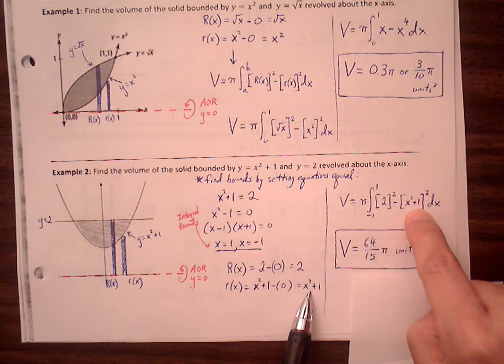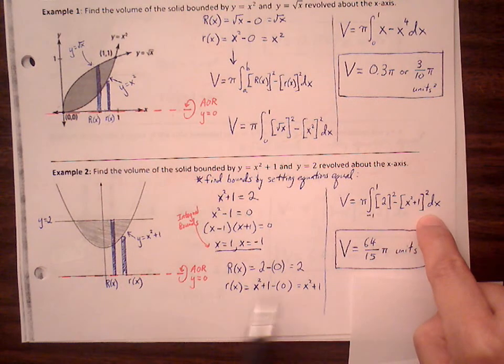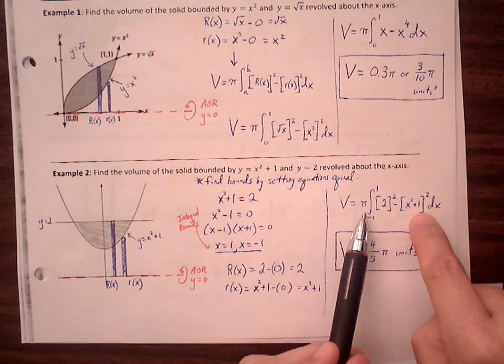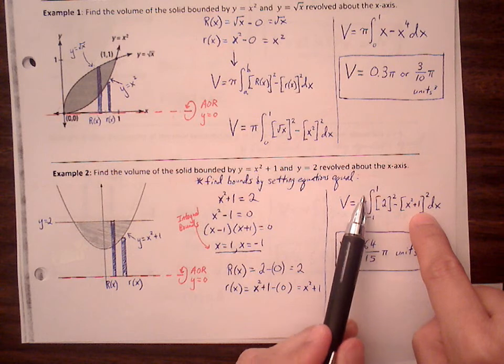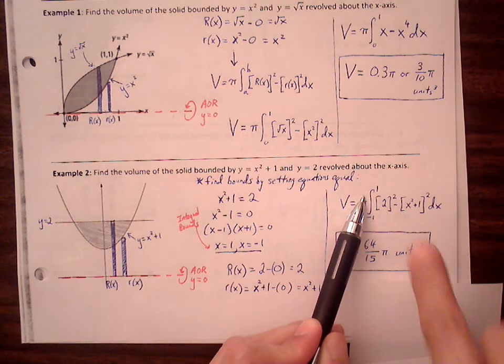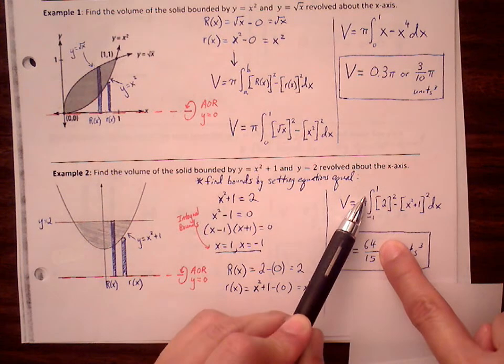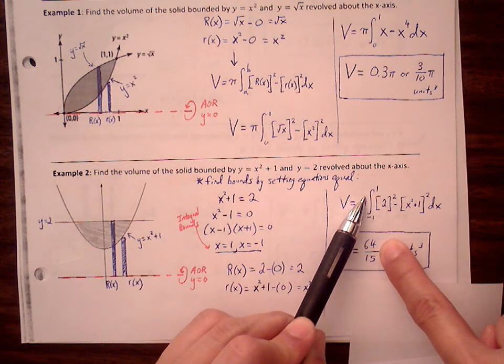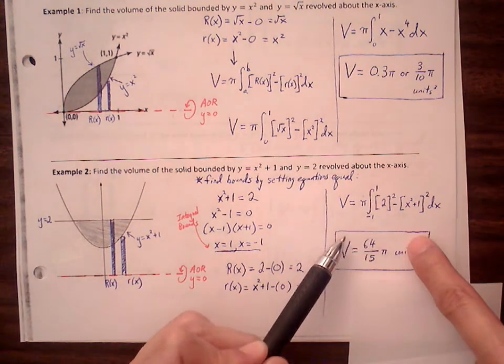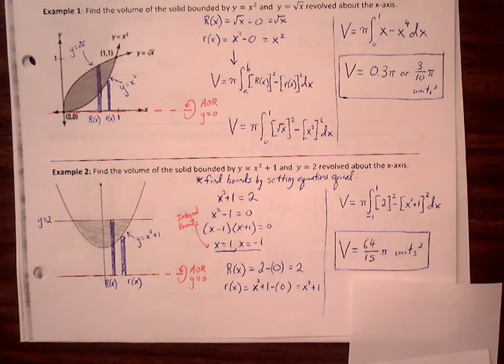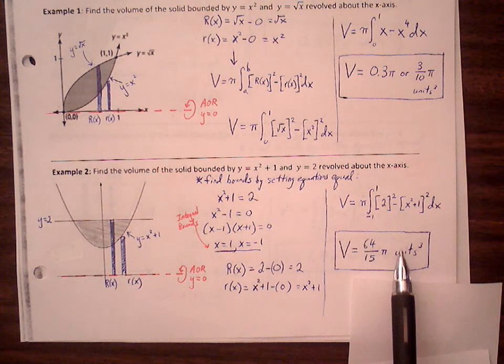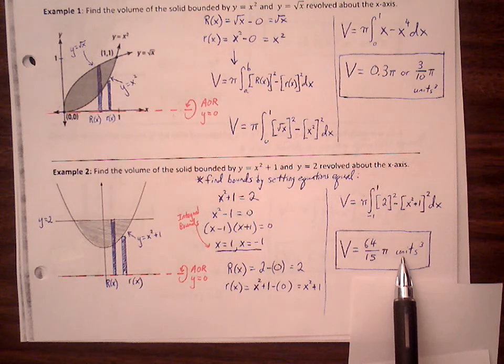We have our bounds from -1 to 1, and the rest can go in our calculator. Again, leave the pi out of your calculator. The calculation will give you 64 over 15 after you convert that decimal to a fraction, and then just add that pi into the answer with units cubed to represent that we're dealing with a volume dimension.